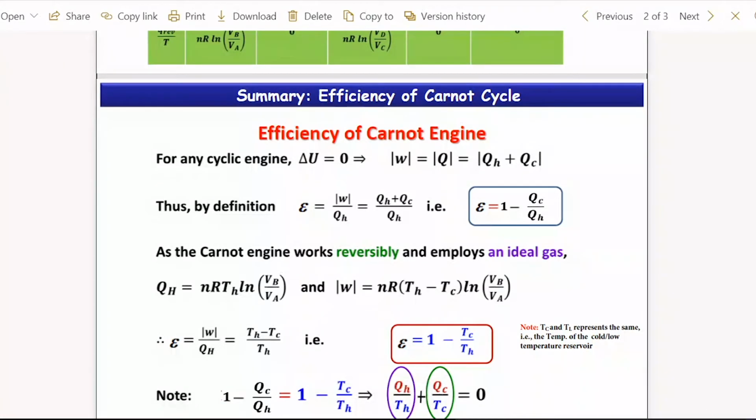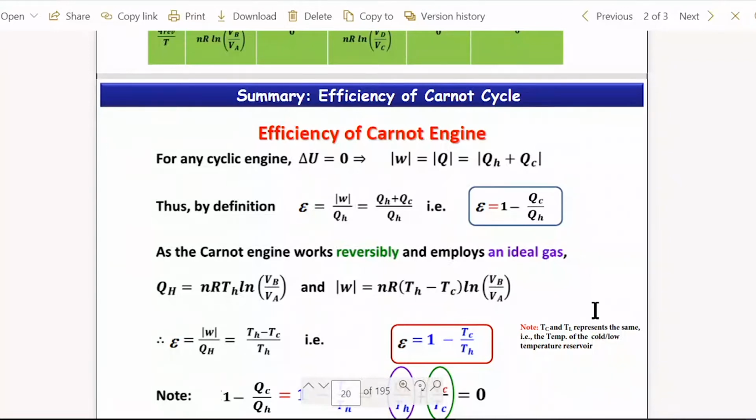So the amount of heat which is absorbed minus the amount of heat which is rejected corresponds to the work done.